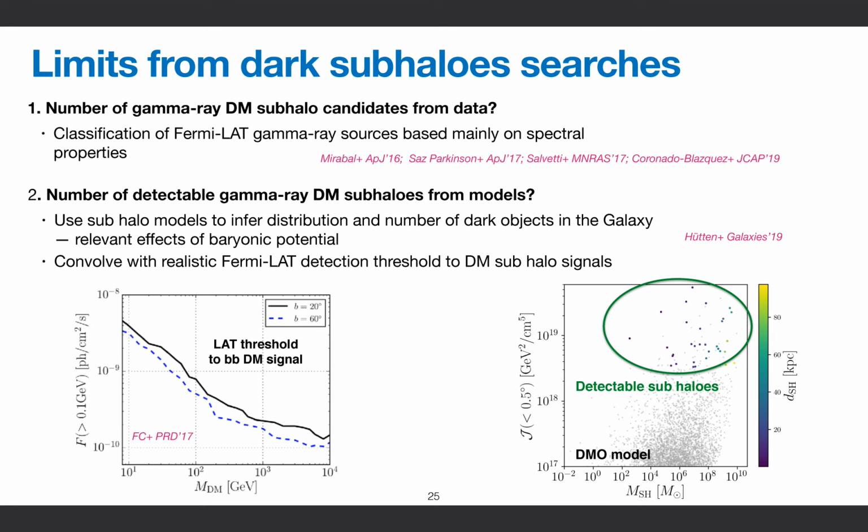And if you do so, what you can see in the right plot here is the distribution of J factor as a function of the mass of the subhalo for the full dark matter subhalos in your simulations for a given prescription of the model. And only a few of them will be detectable, meaning that they will pass the detection threshold that you can see here on the left.